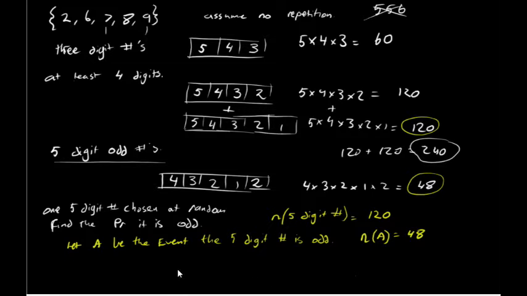That means the probability of A, the probability that the 5-digit number is odd, is simply going to be 48 out of the total of 120, because we're just interested in the 5-digit numbers. We're assuming that we've already been given a 5-digit number, and we're just interested in whether or not it's odd. If we simplify that down, we find that it's 2/5.